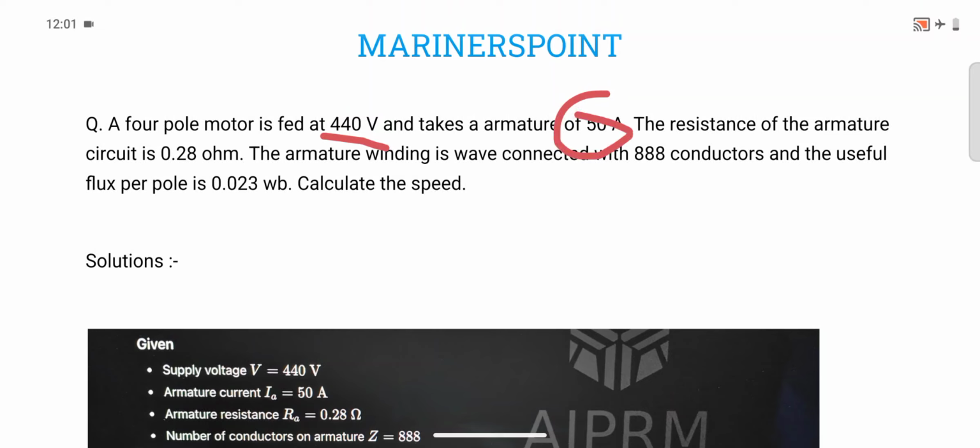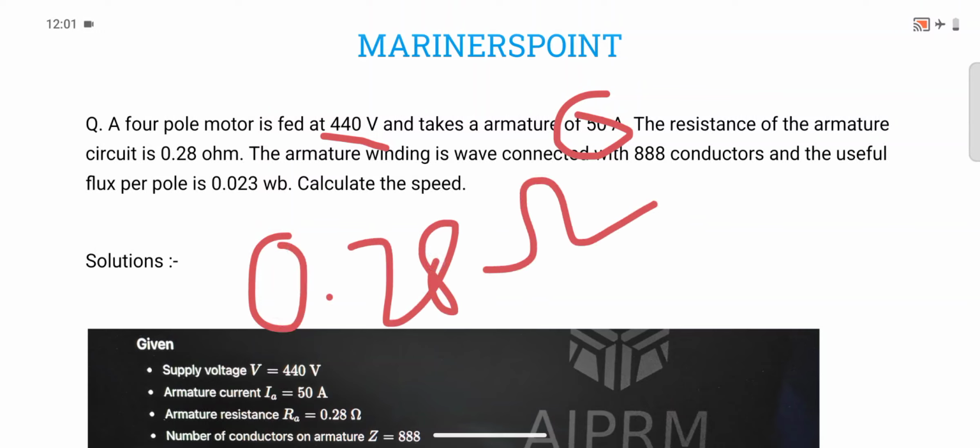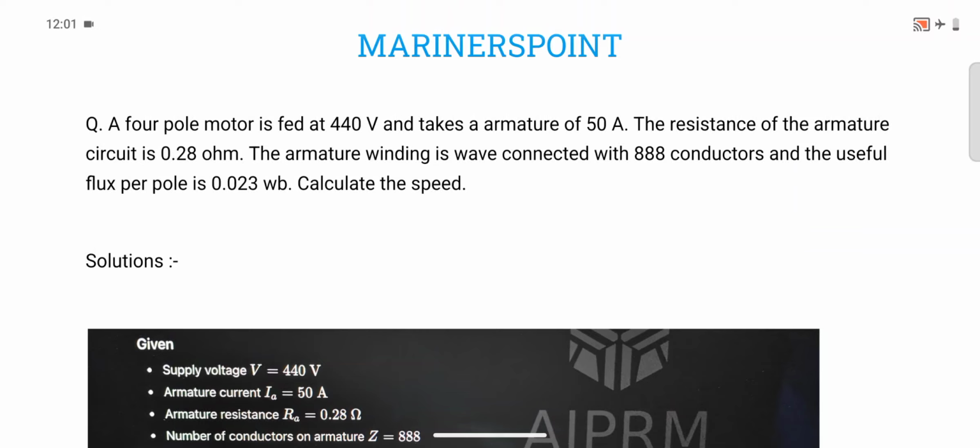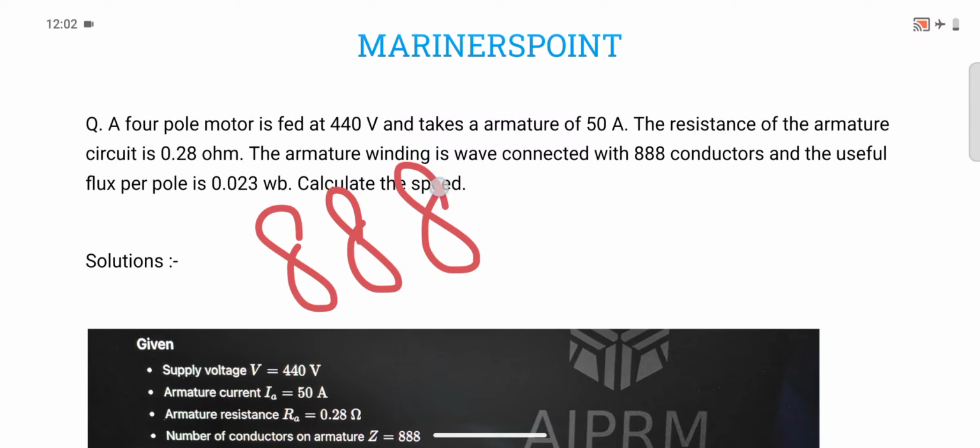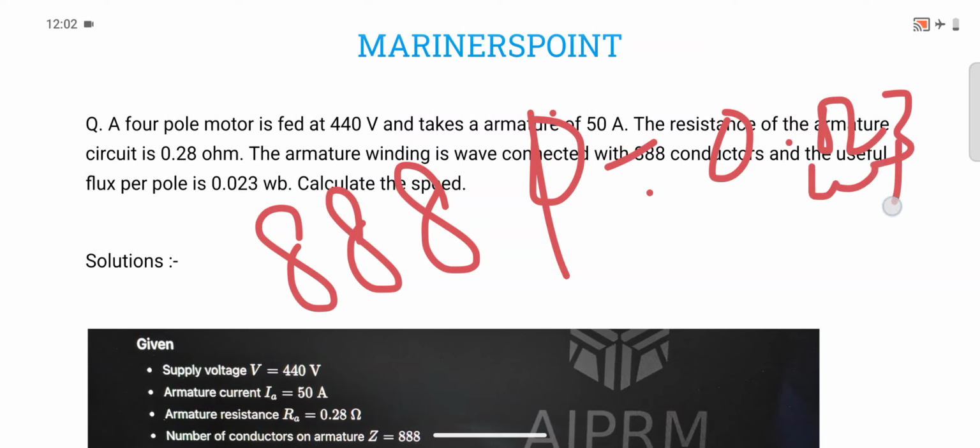The resistance of the armature circuit is 0.28 ohm. The armature winding is wave connected with 888 conductors and the useful flux per pole is 0.023 Weber. Now we have to calculate the speed.